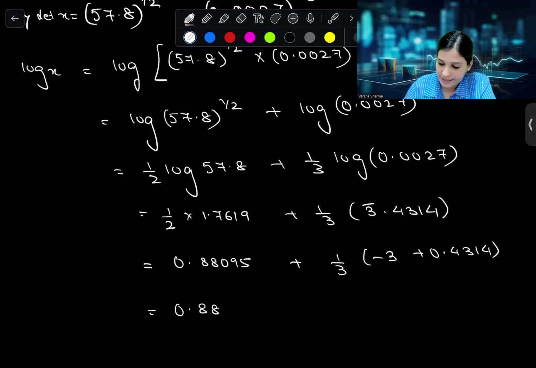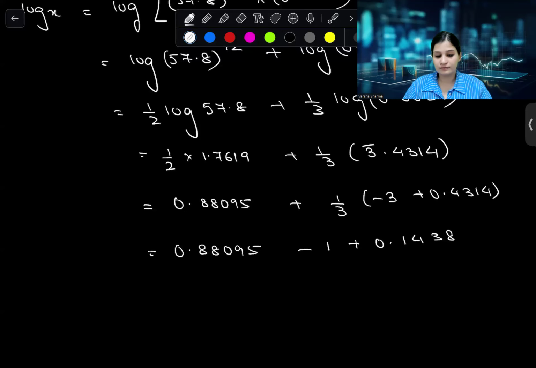So 0.88095 minus 1, dividing it by 3, and if we simplify this, we get 0.02475.